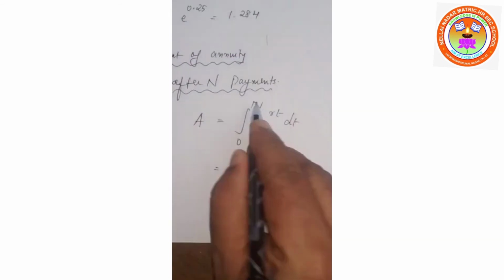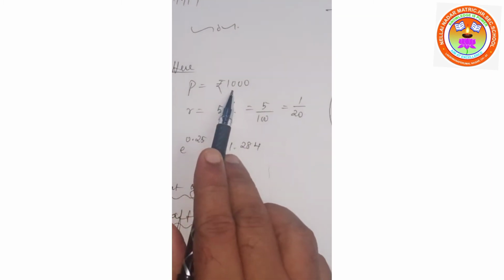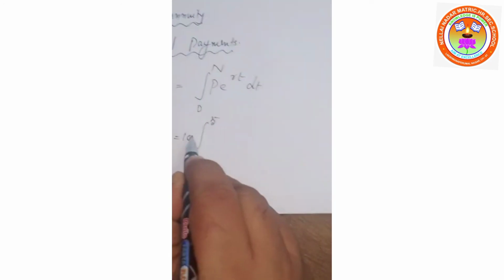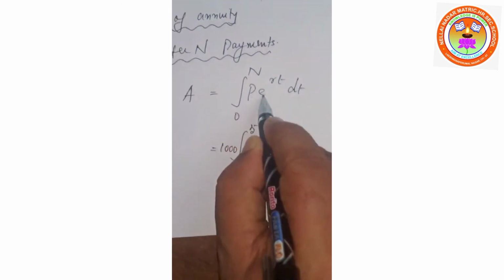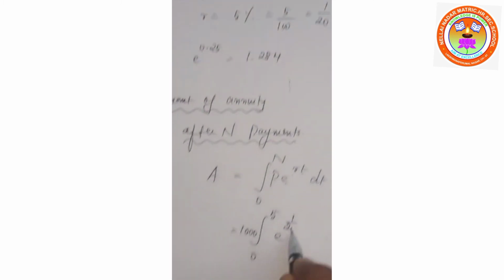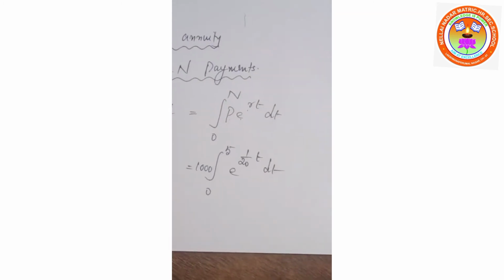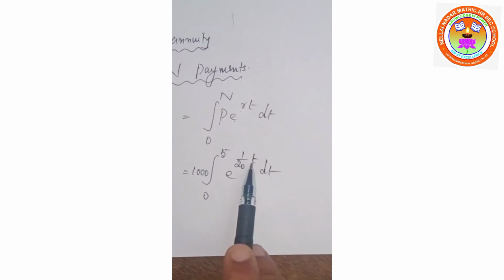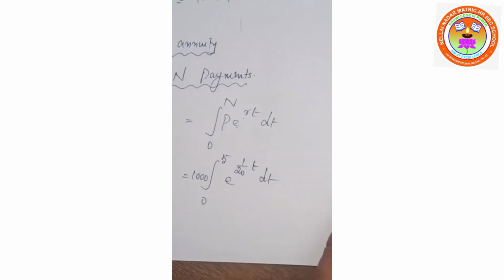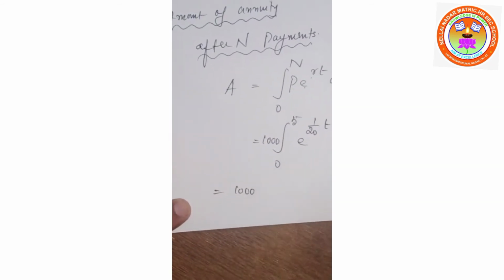Equals integral 0 to n value 5, P value here it is 1,000. Since 1,000 is a constant, you can write outside the integral. E power R value 1 by 20 into T, write as it is, dt as it is. Since dt is there, T is the function. Okay. Now write 1,000 as it is.